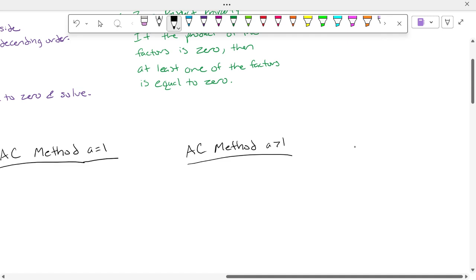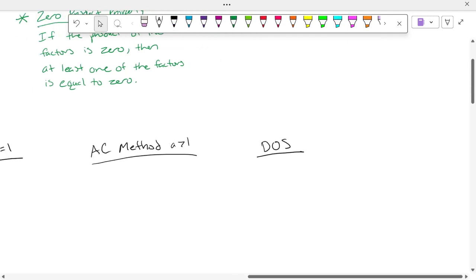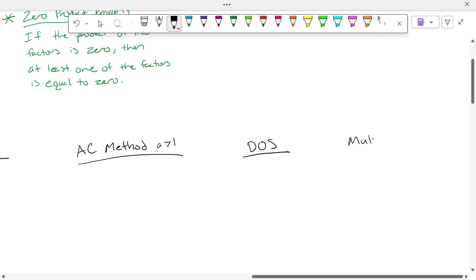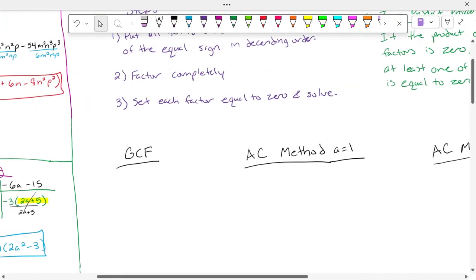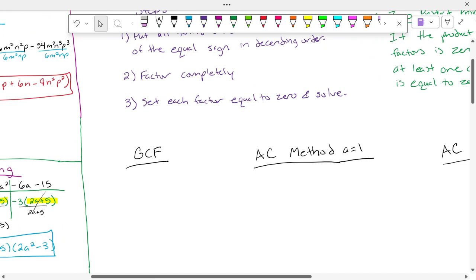You should have one for difference of squares. And you should have a multi-step. So I'm going to write down the example and I'm going to tell you which page I got it from, and then you'll just have to write out the work later. All right.